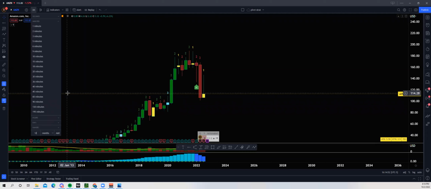And this is me using the TradingView desktop download, but it would look the same way if you did it through the browser. That's how you would go about adding those time frames.